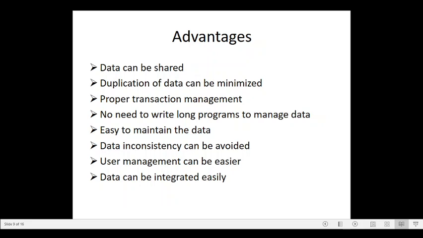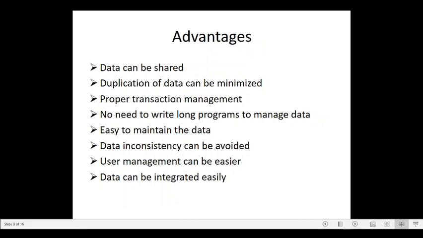There is no need to enter the data again and again, as the data can be shared between different applications, resulting in controlling data redundancy. DBMS also facilitates proper transaction management by handling the transactions more efficiently than the traditional file-based management system.